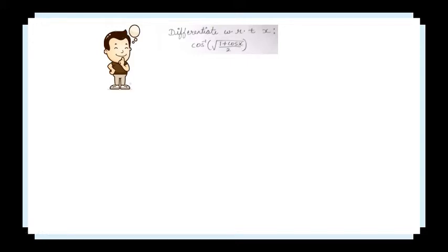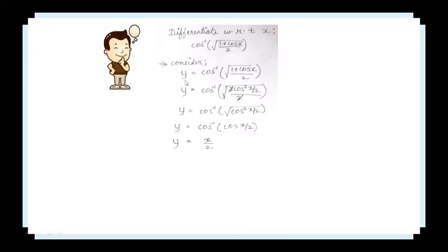Let's see which formula. Consider y equal to cos inverse of root of 1 plus cos x upon 2. So I can apply the formula of 1 plus cos theta, that is 2 cos square theta by 2. So I can write y equal to cos inverse of square root of 2 cos square x by 2 upon 2. So this 2 and this 2 will get cancelled.